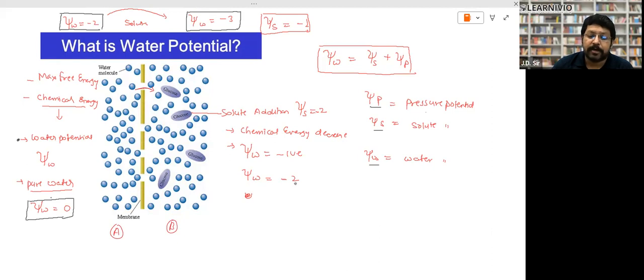Whenever we add, psi p is pressure potential, psi s is solute potential, psi w is water potential, right? To get the water potential, we have to add both psi s and psi p. And what is the potential? It means the free energy or chemical energy of the water.